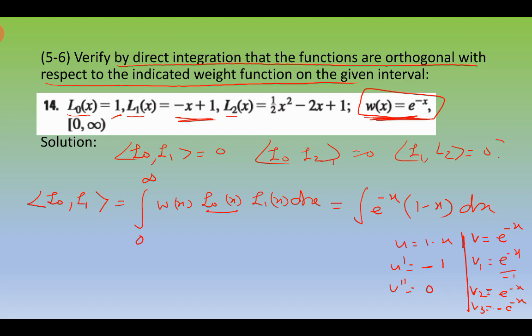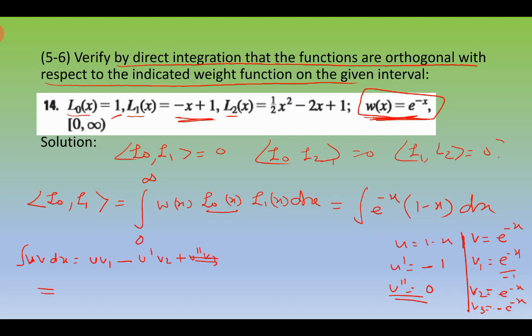So we can write a direct formula, integral u v dx is u v1 minus u prime v2 plus u double prime v3. We don't have u double prime, so only first two terms.